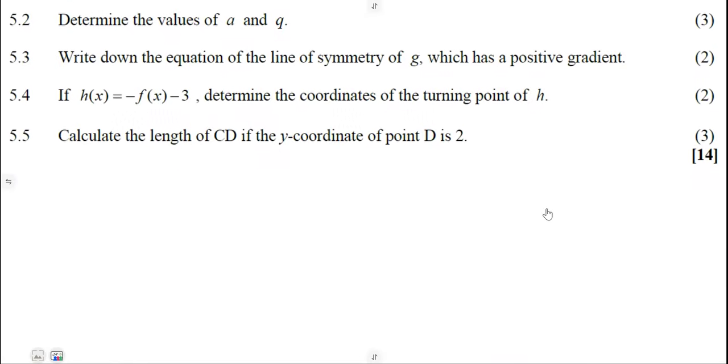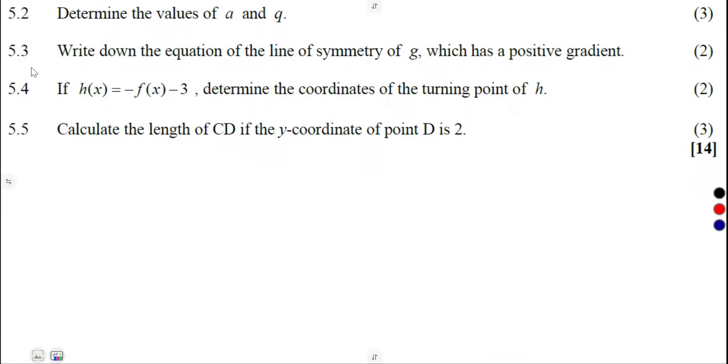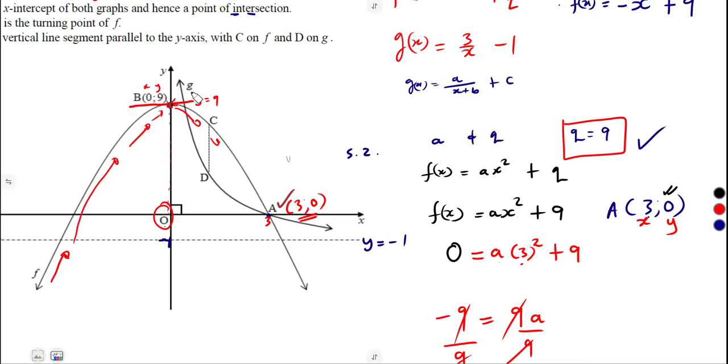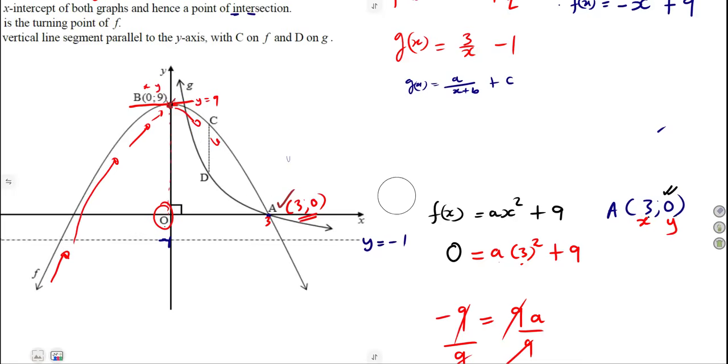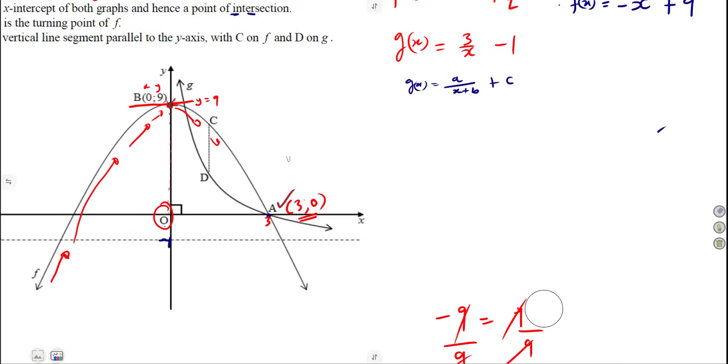5.3, write down the equation of the line of symmetry of G which has a positive gradient. Remember, G is our hyperbola. They must specify which line of symmetry, because we are supposed to have two.